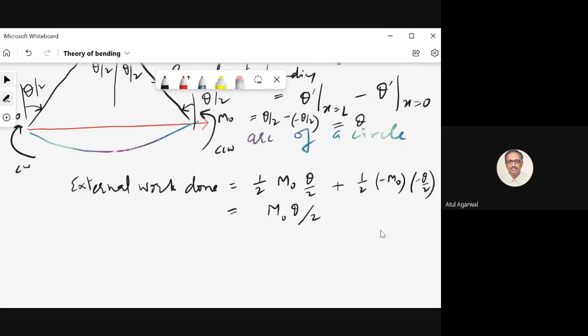Now earlier we had derived an expression, 1 by R neutral is equal to M naught by EI. This expression we had derived in the last class.